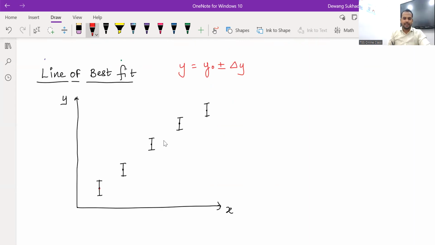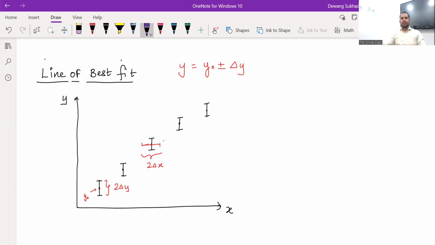In that case, this y point will be my y naught, the actual value, and this is 2 times the uncertainty, so the plus and minus. This is how we do it. It can be in the x variable also, but this time this will be 2 times delta x. So this is how we plot.